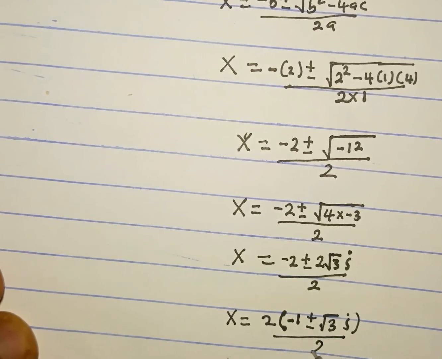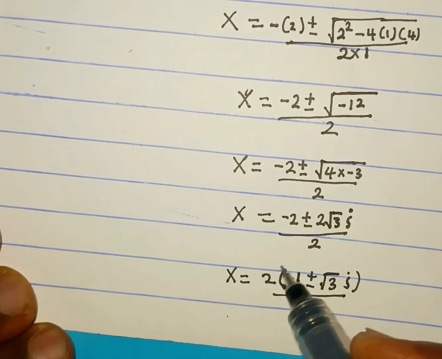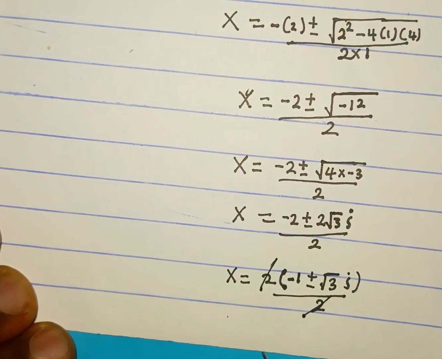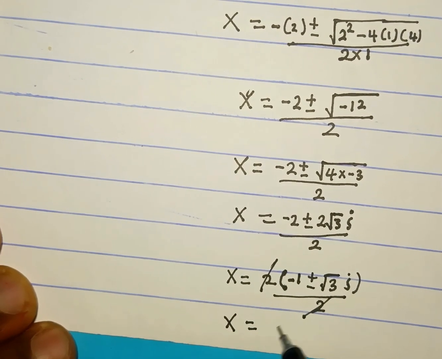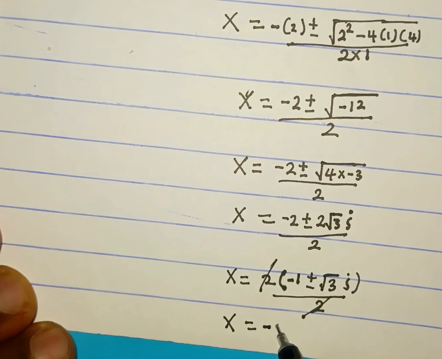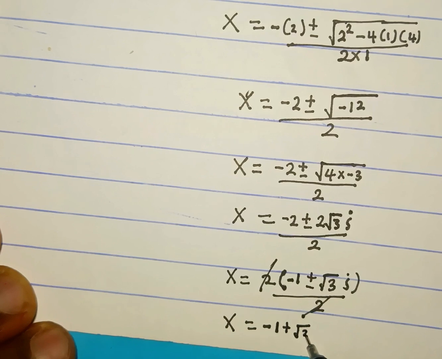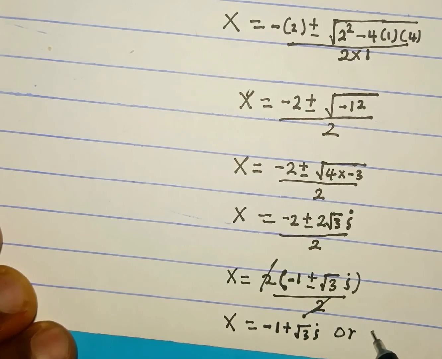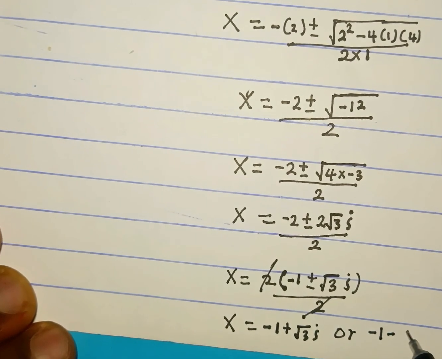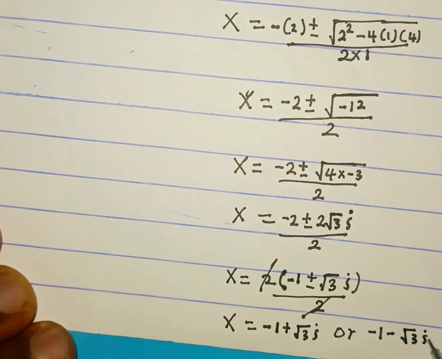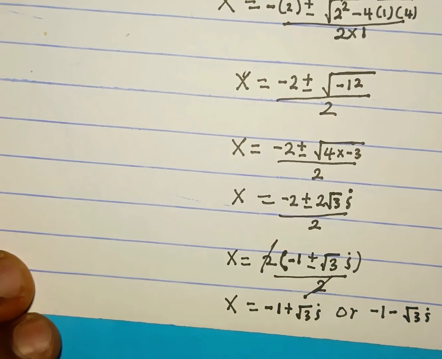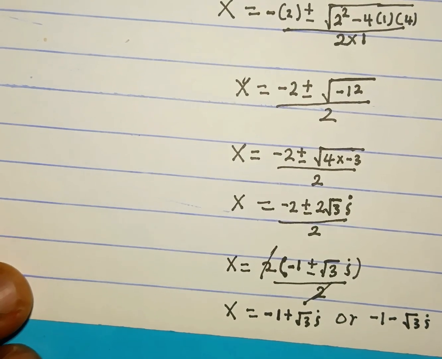So everything over 2, so that this 2 is going to cancel this 2. So x will now be equal to negative 1 plus square root of 3 i, or negative 1 minus square root of 3 i. So these are the remaining two solutions that will satisfy the given equation.